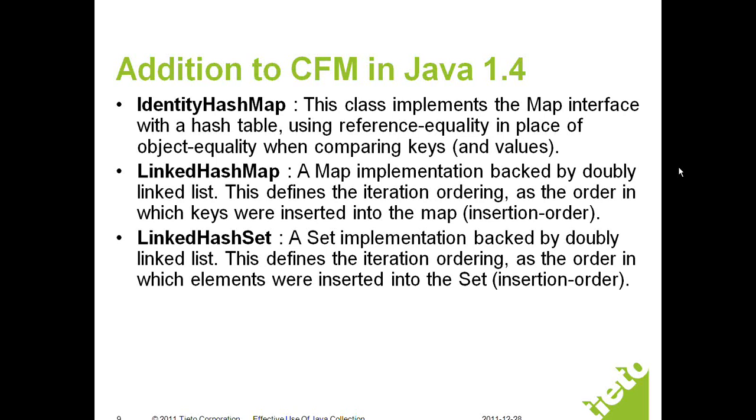Then why do we have this kind of a hash map in the framework? It is mainly used when you are working with objects, and you might have multiple objects with the same content, though each object is different. For example, when I am passing an XML document where two XML tags contain the same value, but I still want to put both the objects in a hash map as keys and process them one by one.